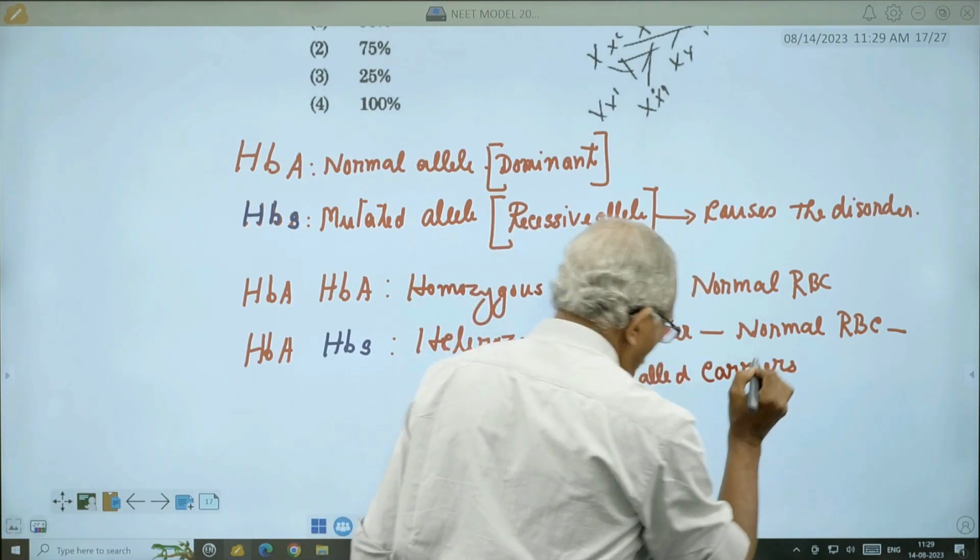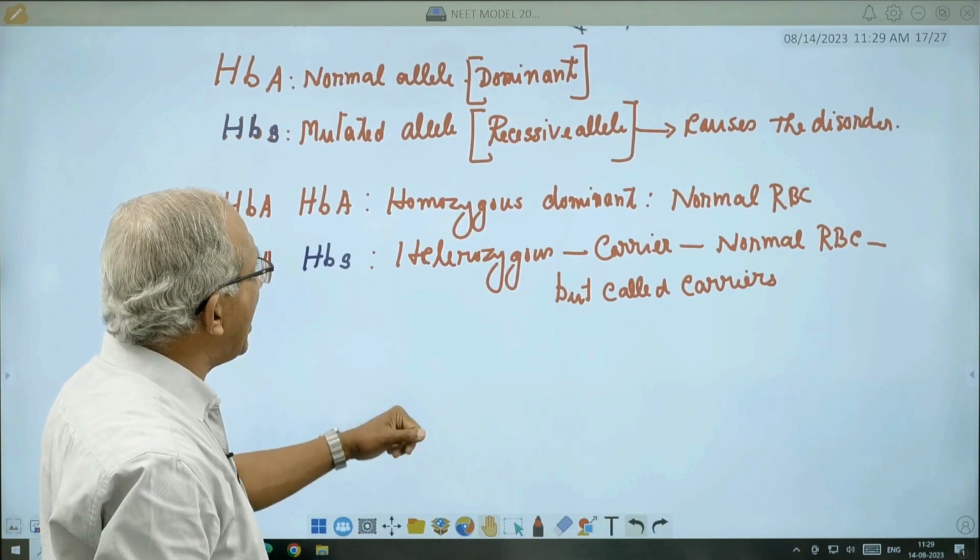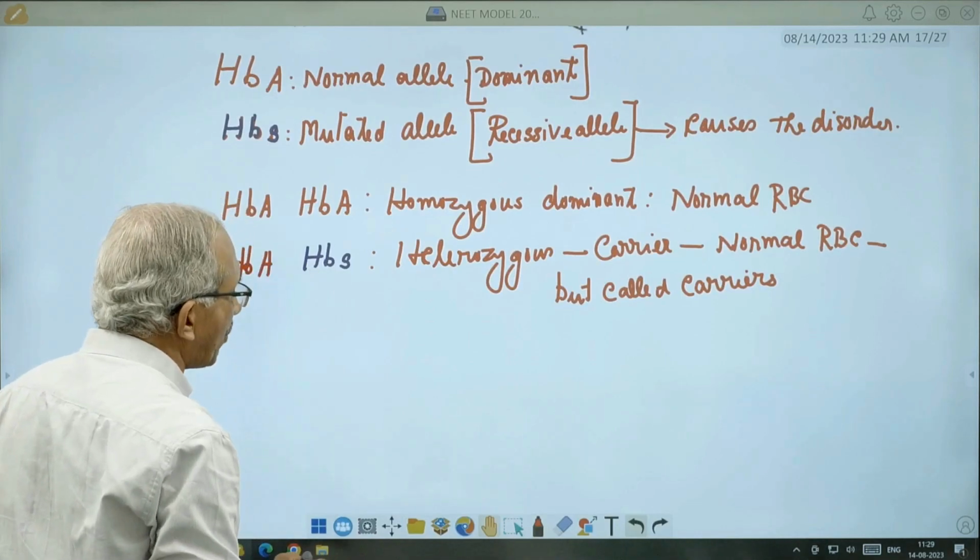They have normal RBC, and they are called carriers because they carry the recessive allele.